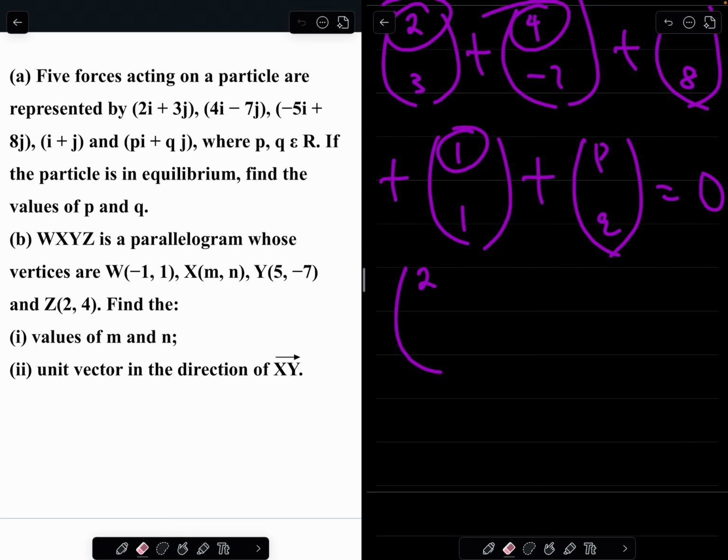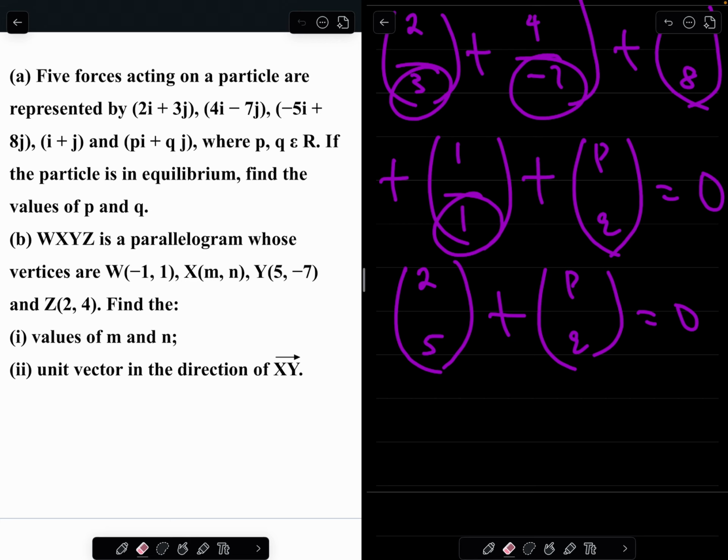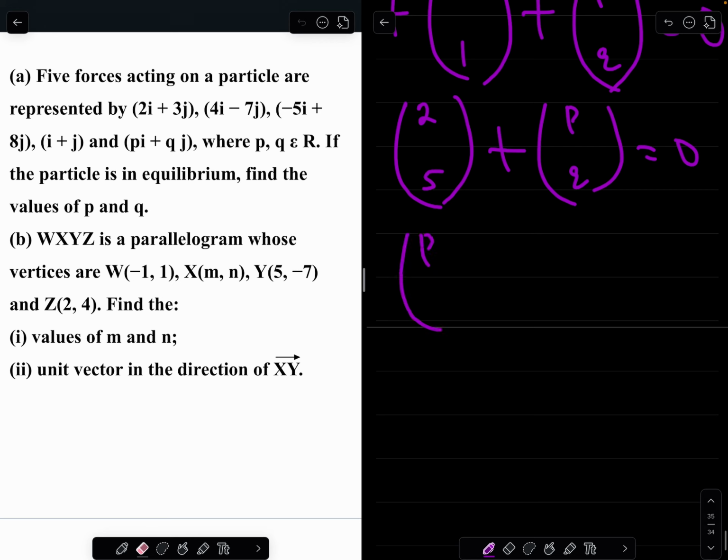Now let's go to the next one. 3 minus 7, that's minus 4. Minus 4 plus 8 is 4. 4 plus 1 is 5. So we have (2, 5) plus (p, q) equals 0. And that simply means (p, q) equals (minus 2, minus 5).